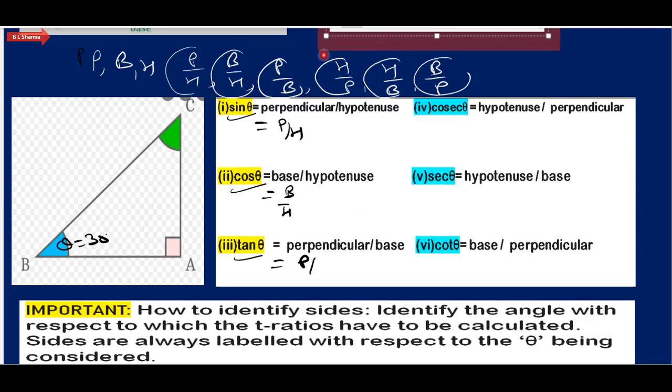Tan theta is perpendicular upon base, means the ratio of perpendicular and base. And cosec theta is the reciprocal of sin theta, that is hypotenuse upon perpendicular. The sec theta is the reciprocal of cos theta, that is hypotenuse upon base. And the cot theta is the reciprocal of tan theta, that is base upon perpendicular.